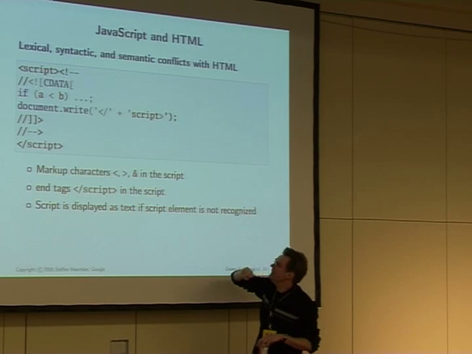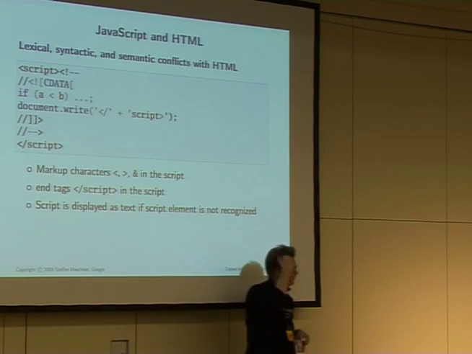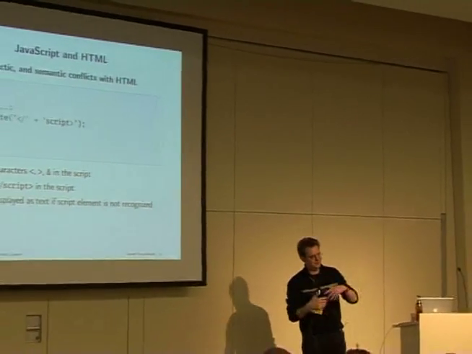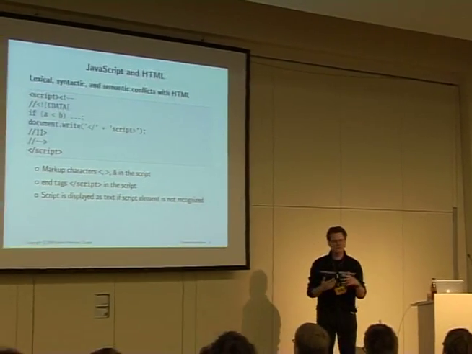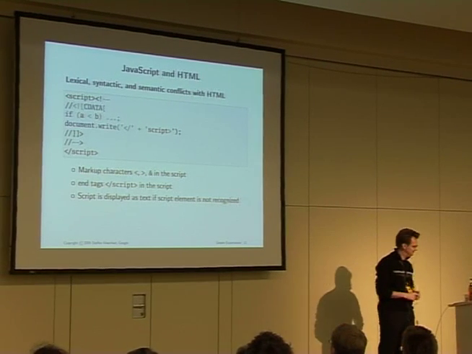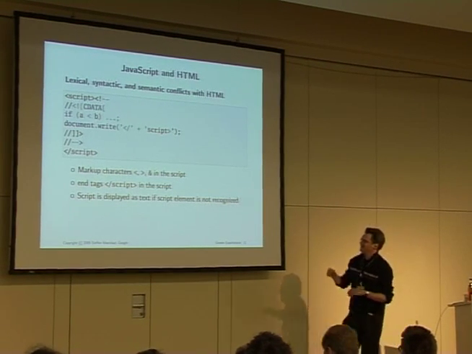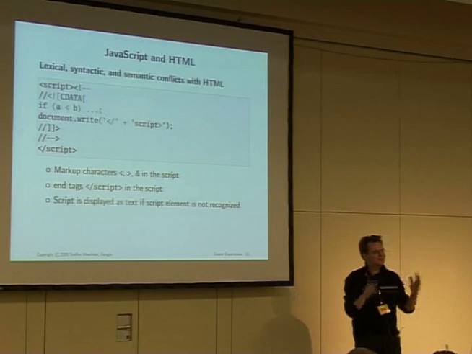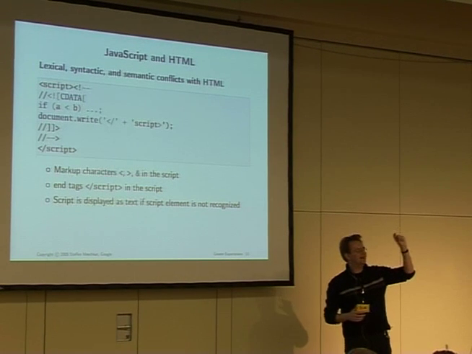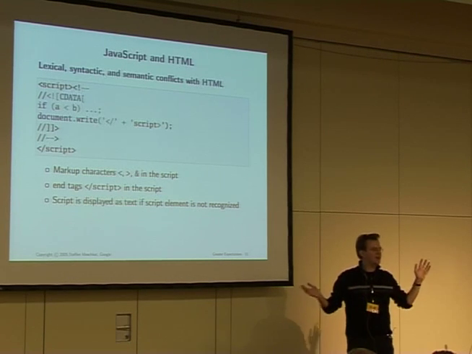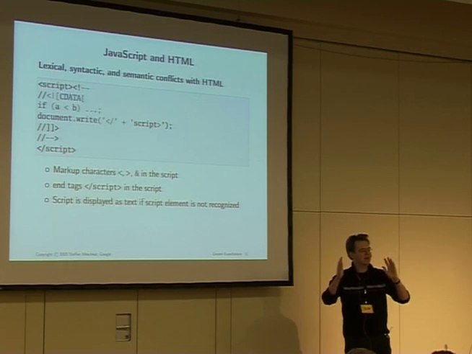And the last thing is that a general convention in HTML is that if a client, so the World Wide Web, as you remember, was meant to be very robust and flexible and all that. If a client that reads HTML doesn't recognize a particular element, then it just disregards the element and treats its content as text.